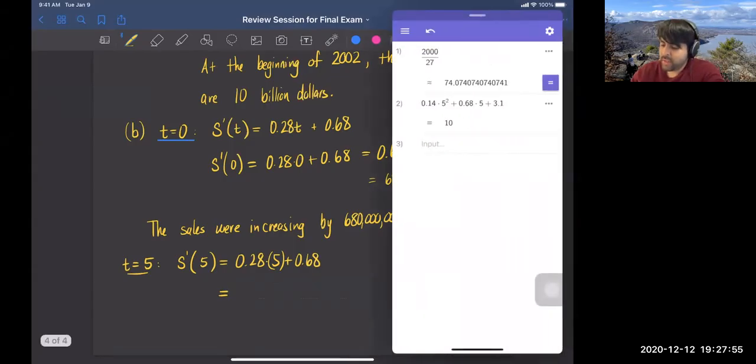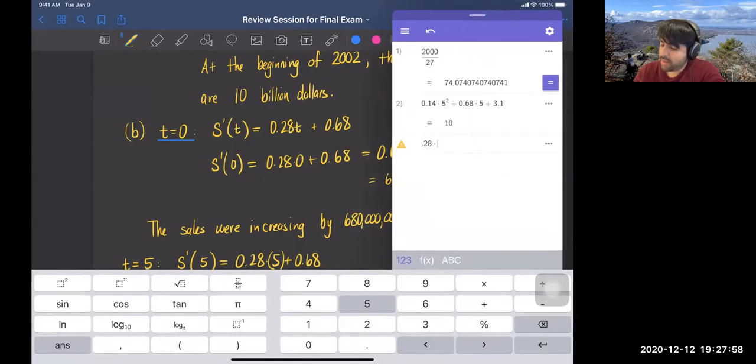And then just to finish this up, it's 0.28 times 5, and then you add 0.68, and I get 2.08.